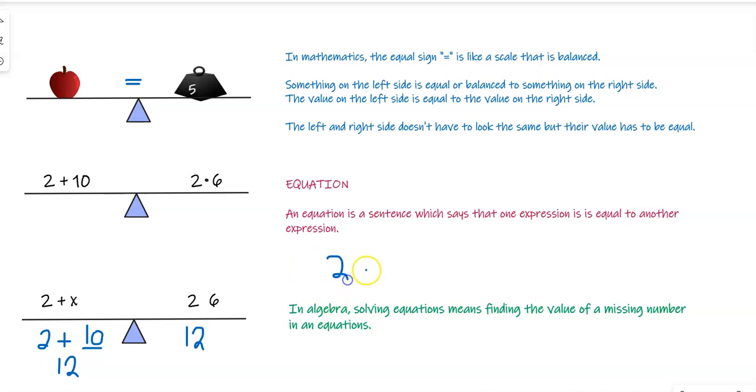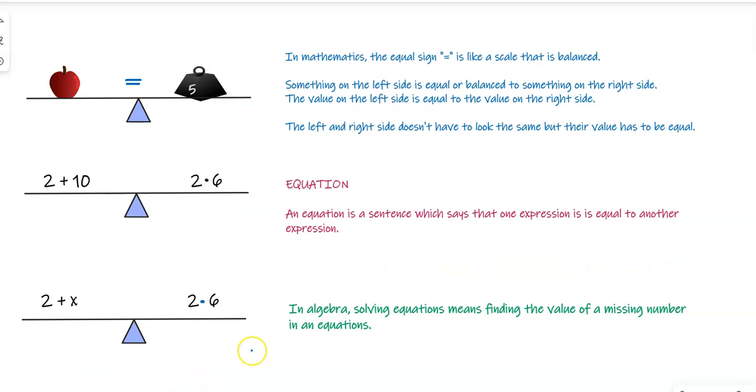We learned that 2 plus 10 equals 12, and also that 12 minus 10 equals 2, and so on. Here we were supposed to fill in the blanks: 2 plus what equals 12? That's one way of doing it.